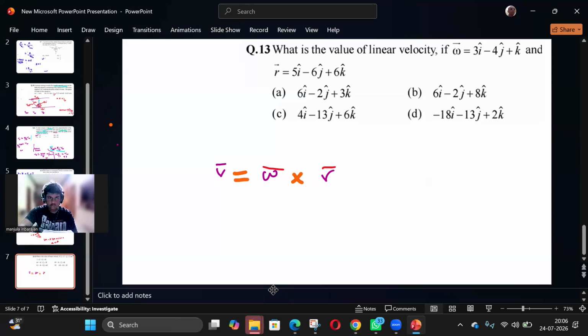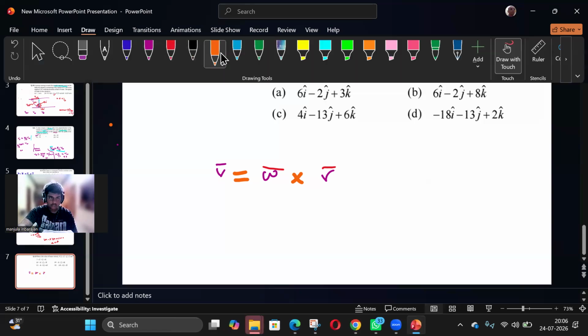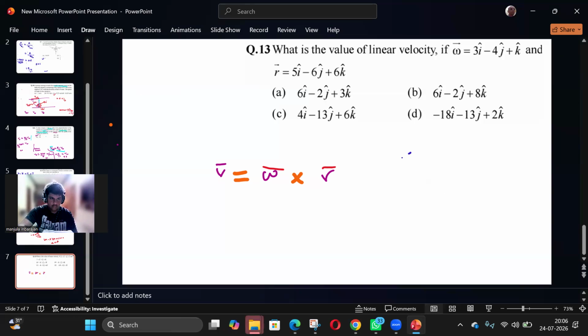And cross product of two vectors, how is it written? A cross B is what? A dot B is a scalar, and it is AB cos theta, where theta is the angle between the two vectors. And A cross B is a vector.